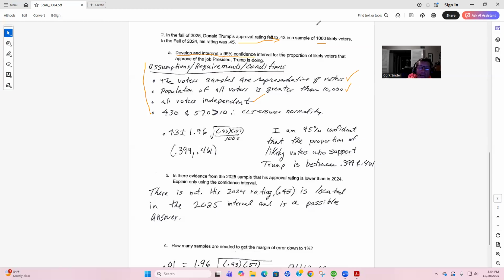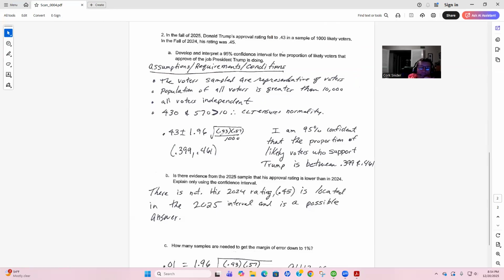So I know the fraction was 430 over 1,000 in the initial study. So really, is the numerator bigger than 10? Yes. Is the denominator minus the numerator bigger than 10? Yes. Therefore, that's the three dots. The CLT will ensure normality.